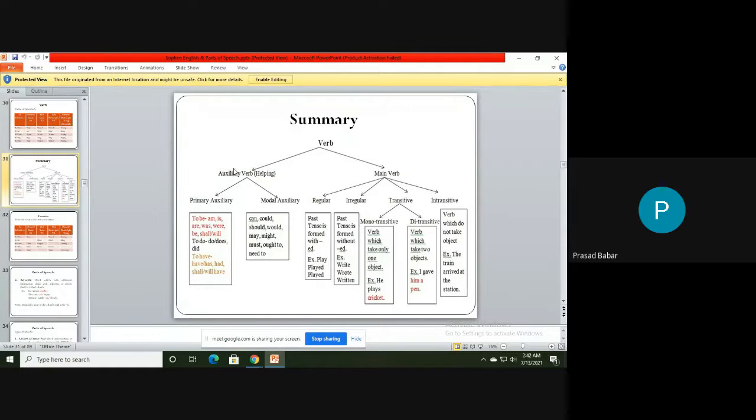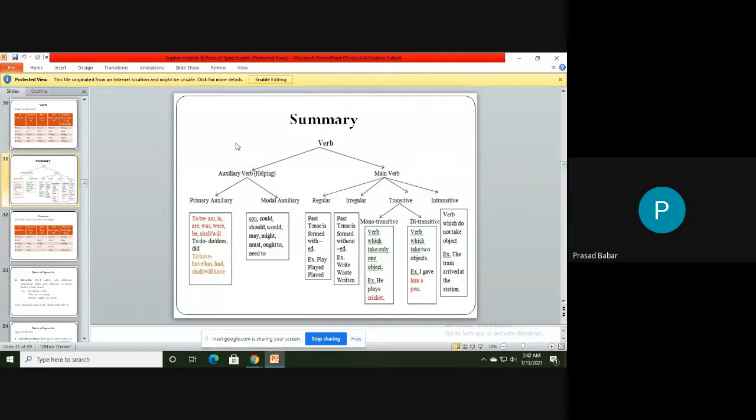So let's go through the summary of this point, verb. So verb has two types: auxiliary verb or helping verb, and second is main verb.